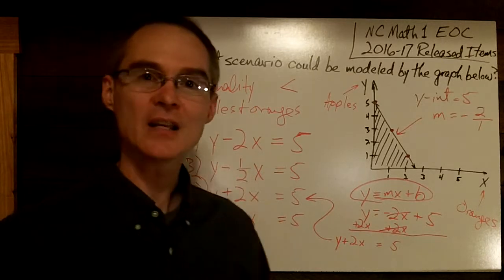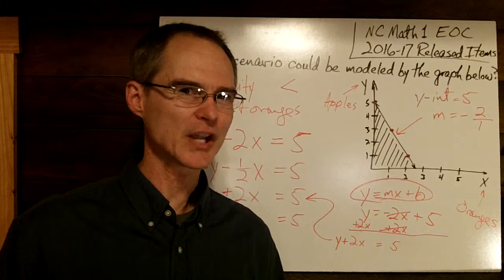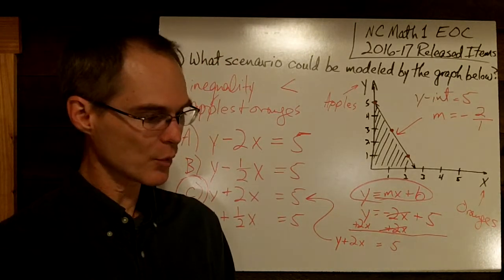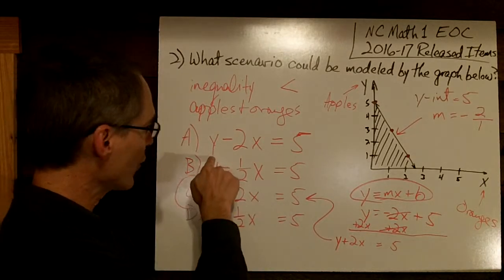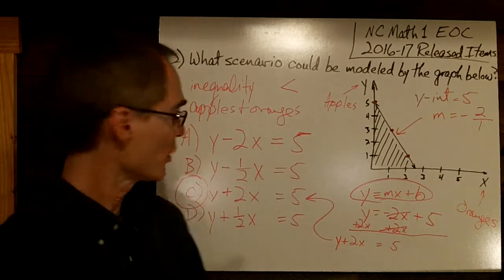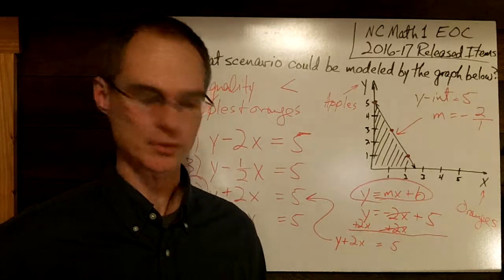Sometimes translating the English words into math notation can be a little challenging. In this particular case, it was fairly straightforward because the way that the answer choices read, really all we had to do was just write down what it was saying to us. It was giving it to us in words, and we just wrote down those words as math symbols.